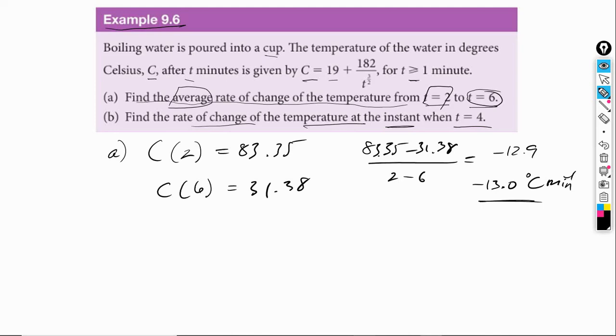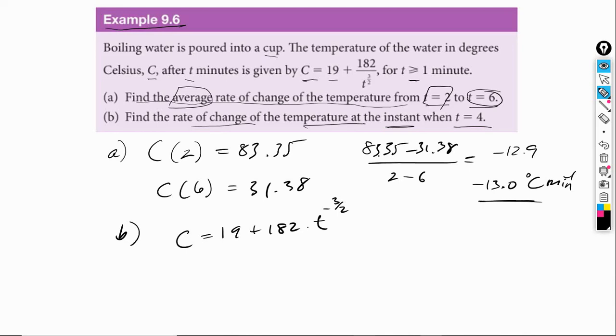So for part B, they're asking us to find the rate of change at the instant. So they want an instantaneous rate of change. Now remember that when we're talking about instantaneous rates of change, it means that we want to find the derivative. So let's rewrite the formula. The formula is the same as C equals 19 plus 182 times t to the negative 3/2. I write it this way so I can apply the power rule.